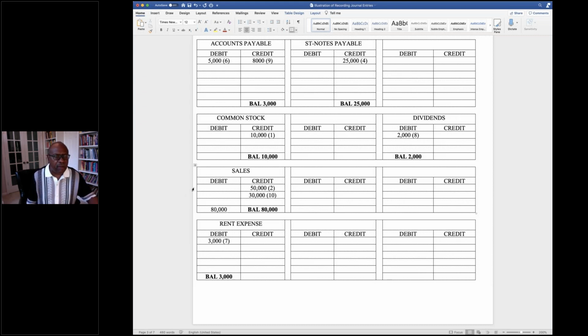This account now is zeroed out and it's going to have a zero balance. So once I posted it, it's zeroed out. And I'm going to take my income summary account and put it here.